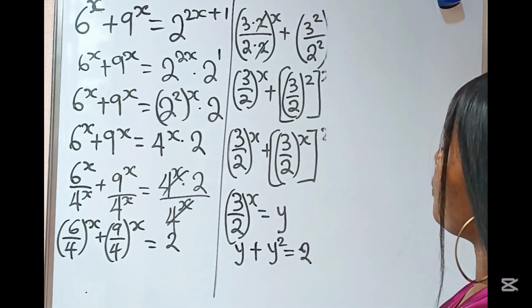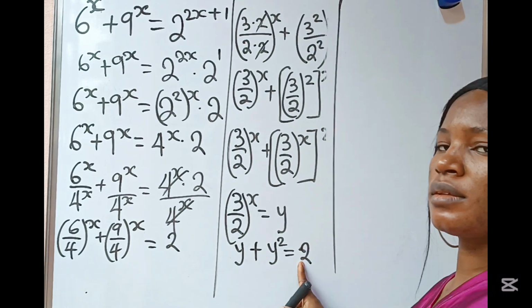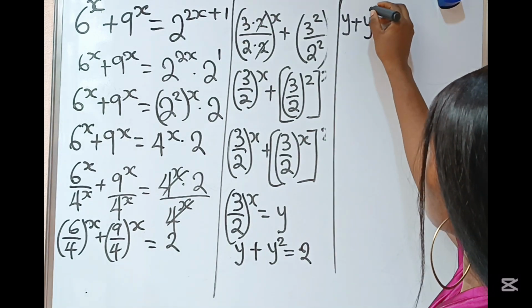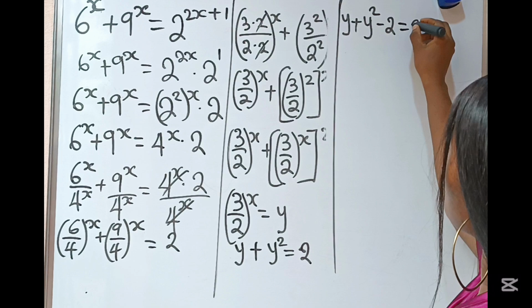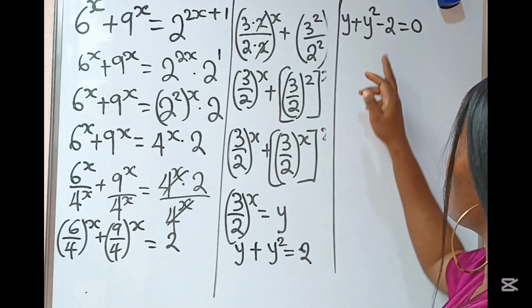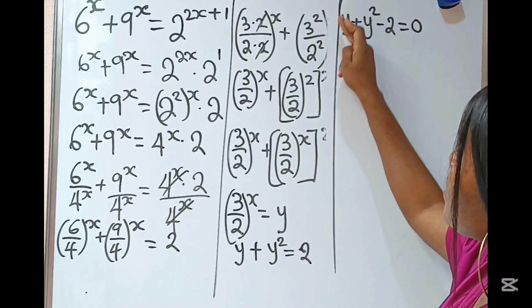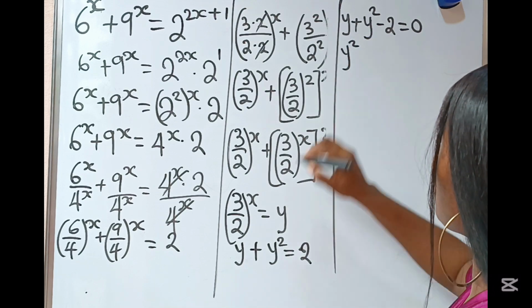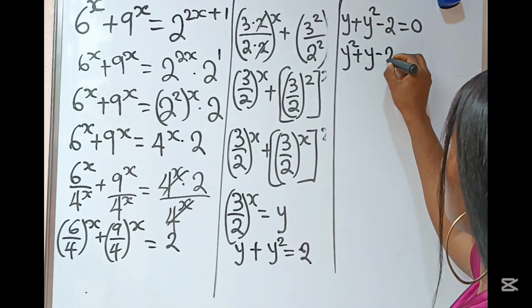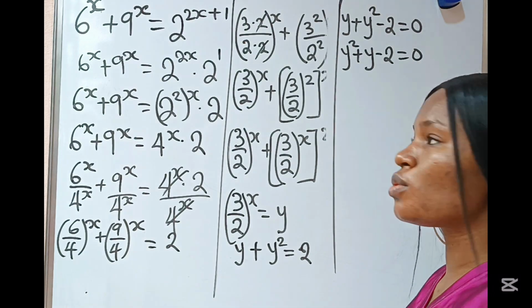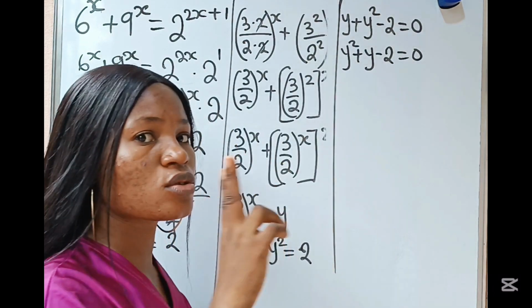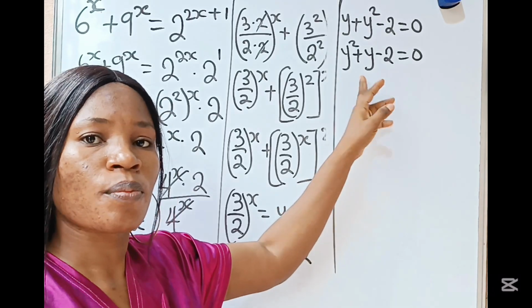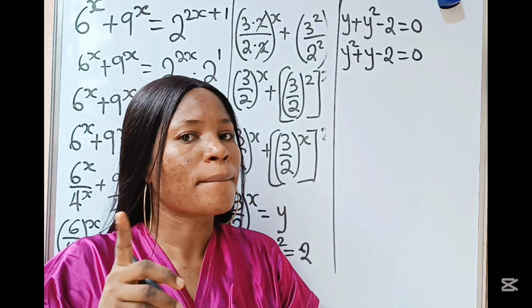Now we can bring this in. So we have y plus y squared minus 2 is equal to 0. Now this is a quadratic equation, so let's interchange this. Let's write our y squared first, followed by our y, then our constant. Now we need two factors of minus 2 that when we add them together we get plus 1, and that is 2 and minus 1.